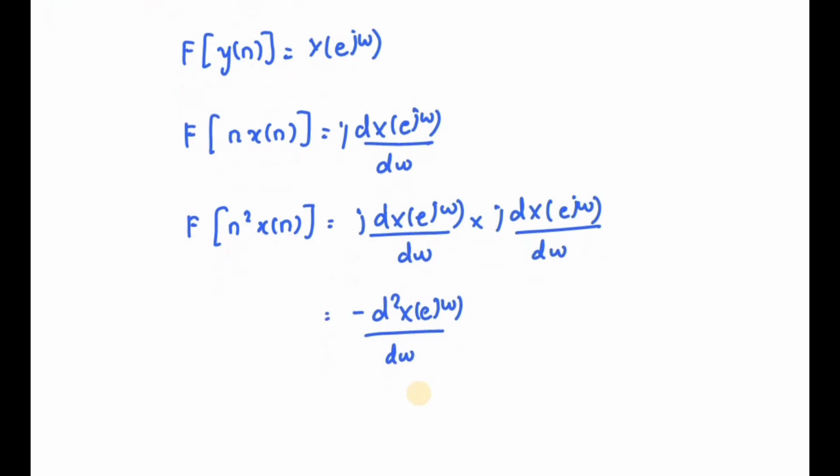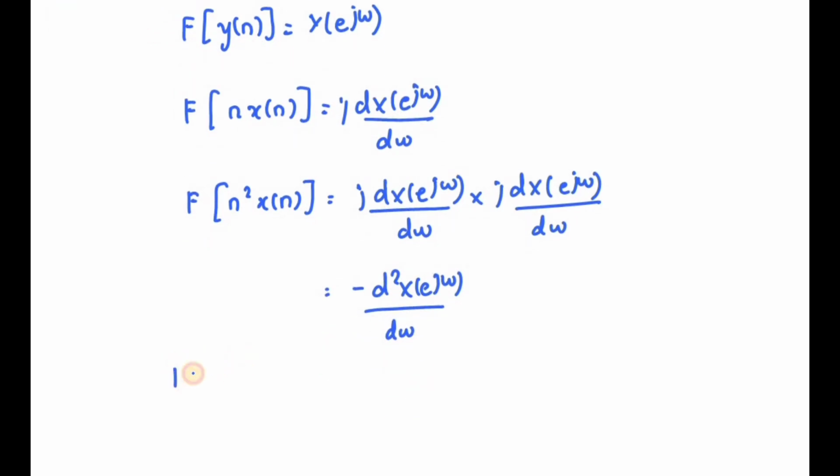So suppose the question is the Fourier transform of n minus 1 whole square x of n. Okay, so I can write it as the Fourier transform of n square minus 2n plus 1 times x of n.